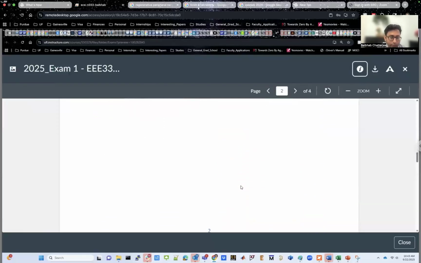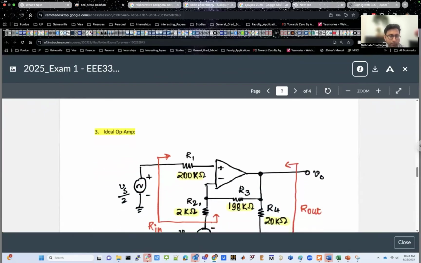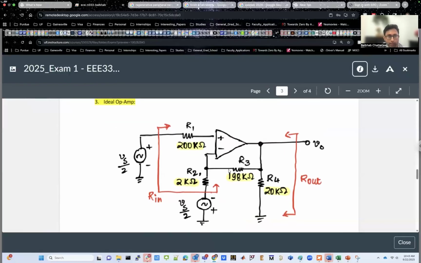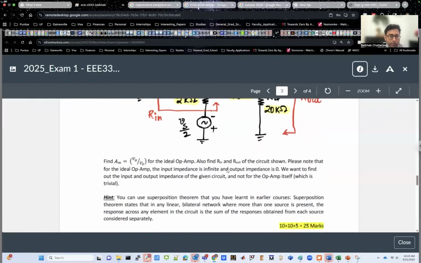Now, question number 3 and question number 4 are ideal op amps and non-ideal op amps. For question number 3, you are asked to find the A infinity, assuming that the op amp is ideal, which means it has infinite gain, infinite input impedance, and zero output impedance. Assuming those conditions, you need to find out what is the A infinity gain, that is output voltage over input voltage, for the ideal op amp.